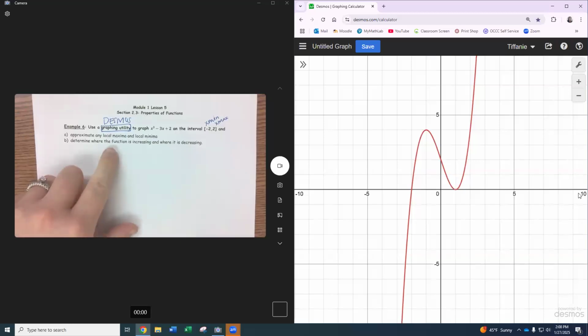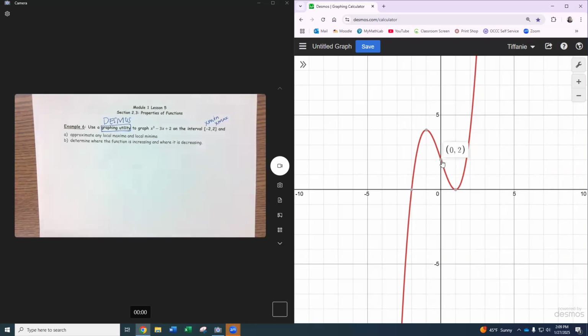So to approximate my local max and mins here, if I click anywhere on this graph, I've got some points that are going to be gray for me here. And these are your most important points. What they put as points are going to be intersections, X and Y intercepts, and then max and mins.